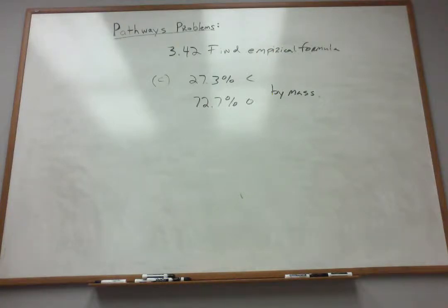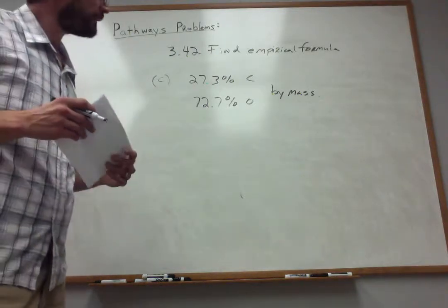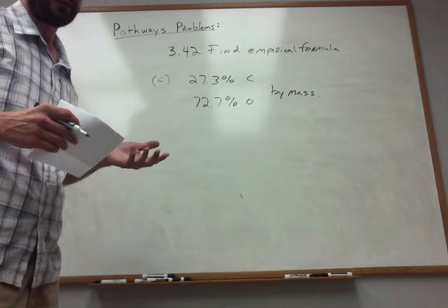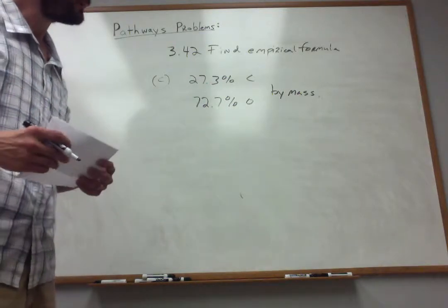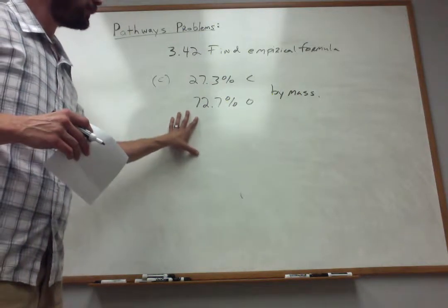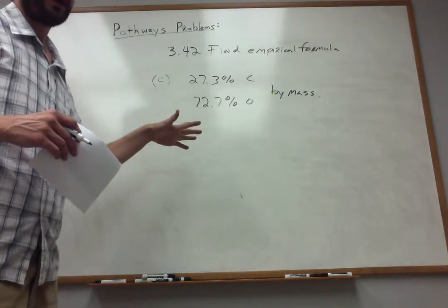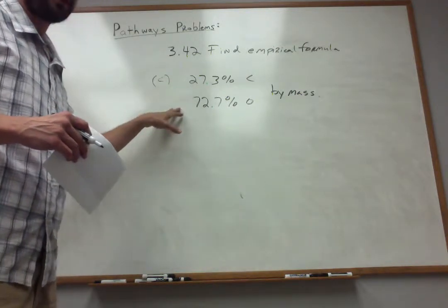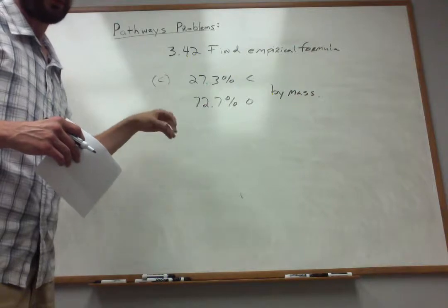So I'm given mass percent composition data, and I'm expected to write the formula. This is a little different because I don't have the number of moles of each element. I also don't have the number of grams of each element, so I can't find moles right off the bat. But I know that whatever compound this is, it has this ratio between these two elements, okay?